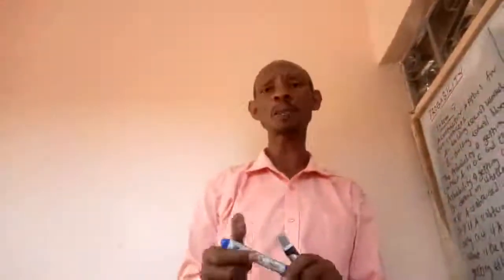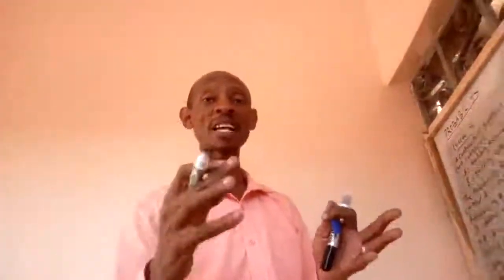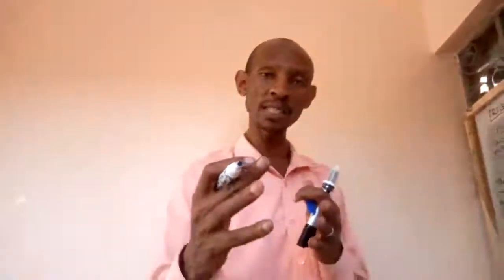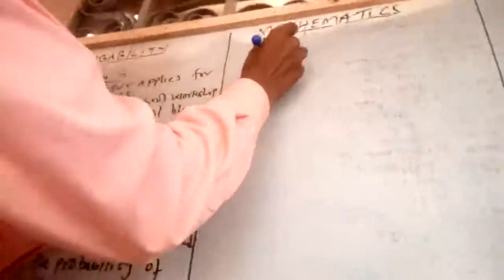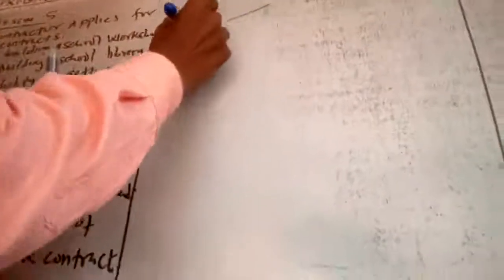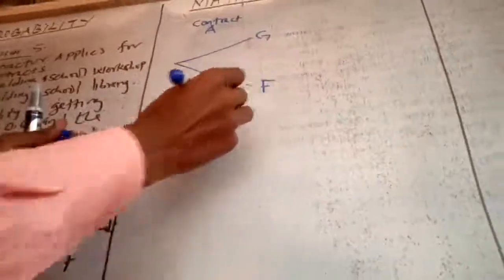And therefore, you are supposed to start with the tree diagram as far as getting contract A and not getting contract A is concerned. So you start with contract A. The contractor might get or might fail.